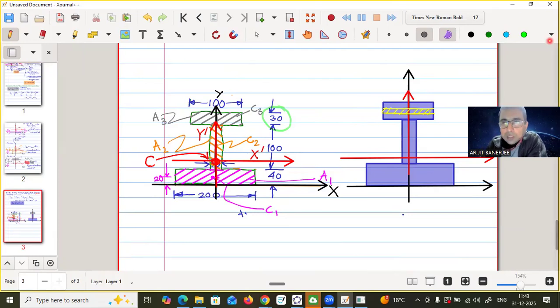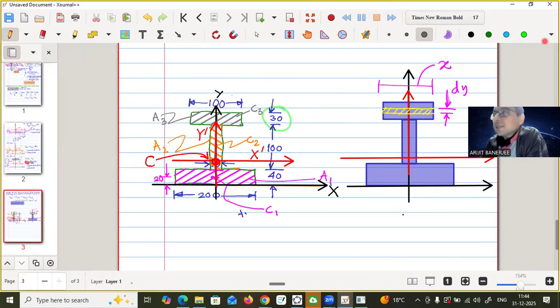Now what is the dimension of this? Say this is in the y direction, so the width is dy and this is, say, x. This is x.